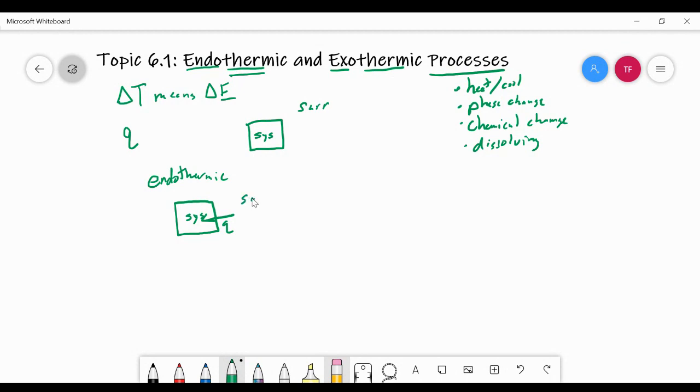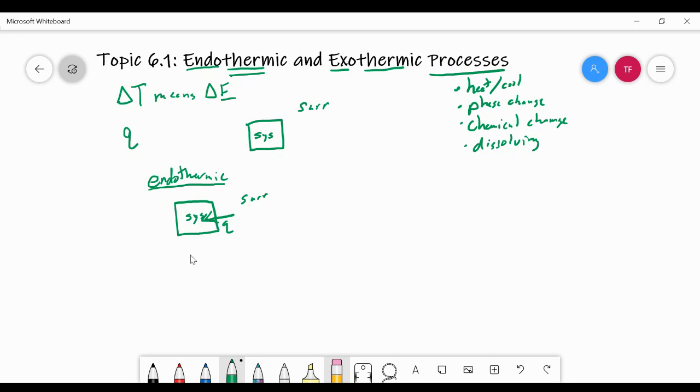Well, it's coming from the surroundings. So anytime you have an endothermic process, whether it's just a temperature change of a substance, or a phase change of a substance, or a chemical change or dissolving, if energy is going into the system, then that's an endothermic process. Energy goes from the surroundings to the system.